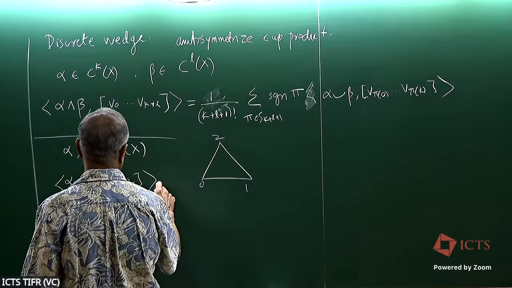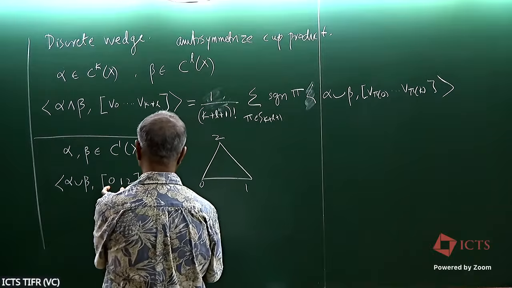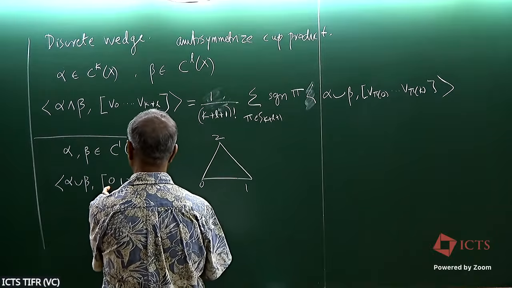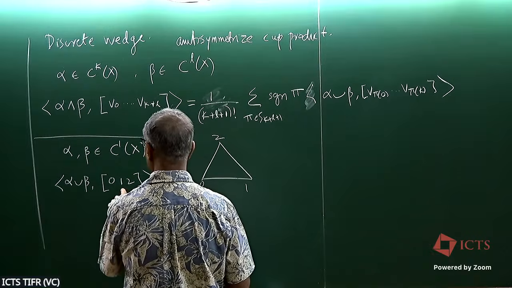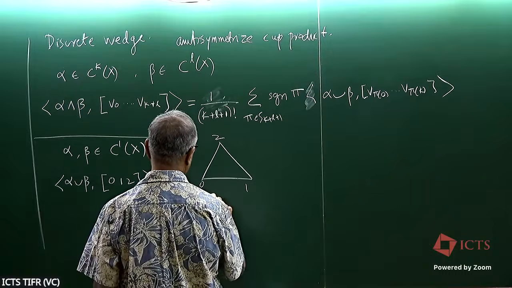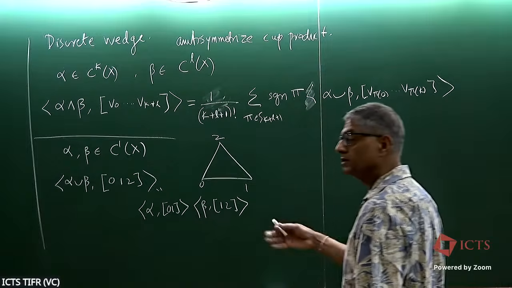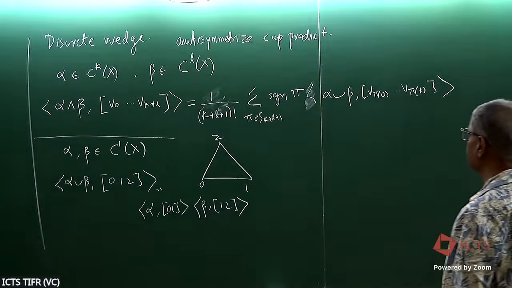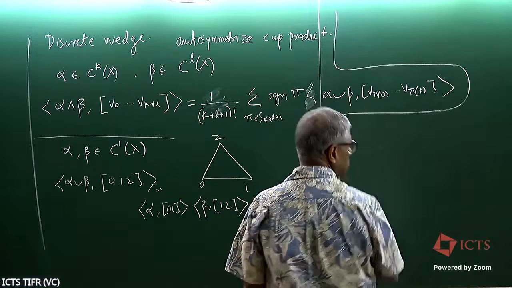It will be just the value of alpha on the first two, because alpha needs an edge and beta needs an edge, but we will sort of pivot on this common thing. So this will be beta 1, 2. The wedge product will be built by just doing anti-symmetrizations of that. And so let's maybe do an example.